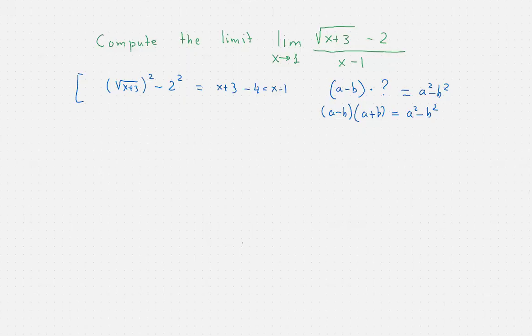The important thing to understand is that we cannot just multiply out of the blue with a quantity on the top. We need to balance things out by also multiplying the bottom, because whenever we have a fraction and we multiply the top and the bottom by the same thing, the fraction remains the same. It may look different, but at least it is equal to what we had before.